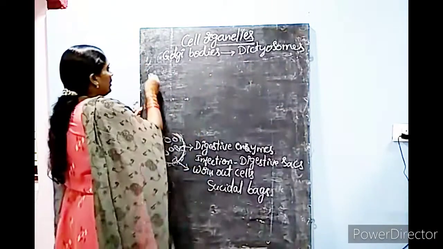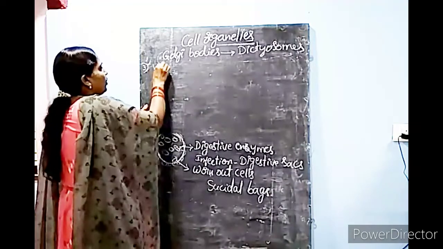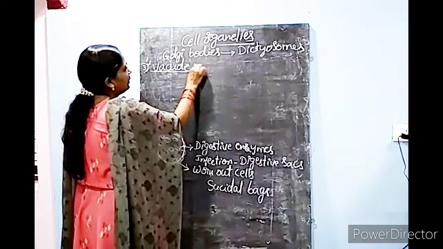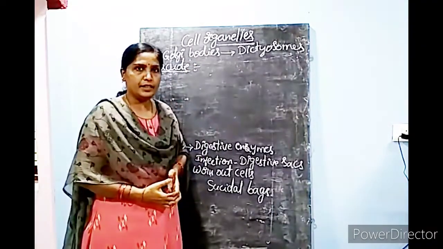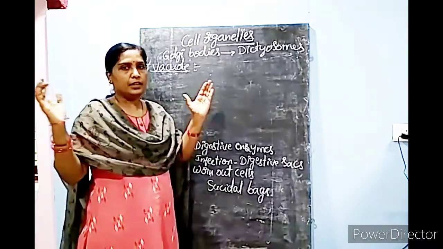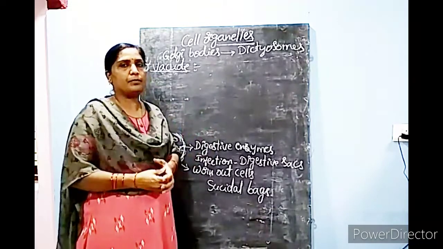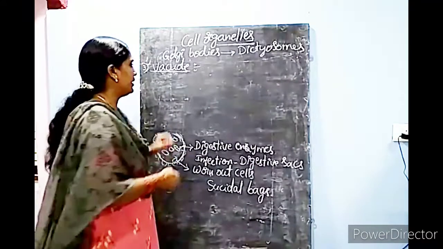Now we will move on to the third cell organelle, that is vacuole. Vacuole is also present in animal cell and plant cell. The only difference is that in plant cell a big vacuole is present. Because of this big vacuole, the nucleus can be pushed to a side.